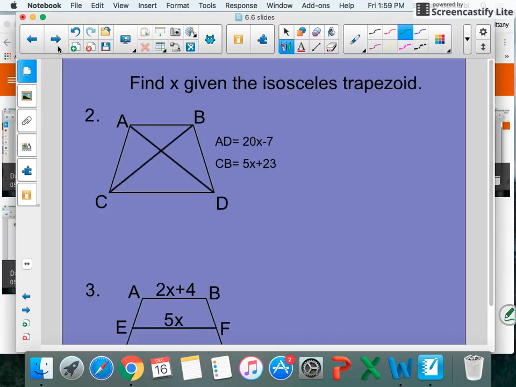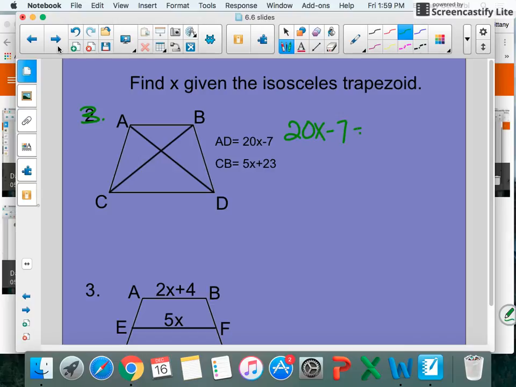For the next one, I have the isosceles trapezoid. This should be number 3. I have to solve for x. I'm given that AD equals 20x minus 7 and CB equals 5x plus 23. What we know about the diagonals is that the diagonals are congruent.